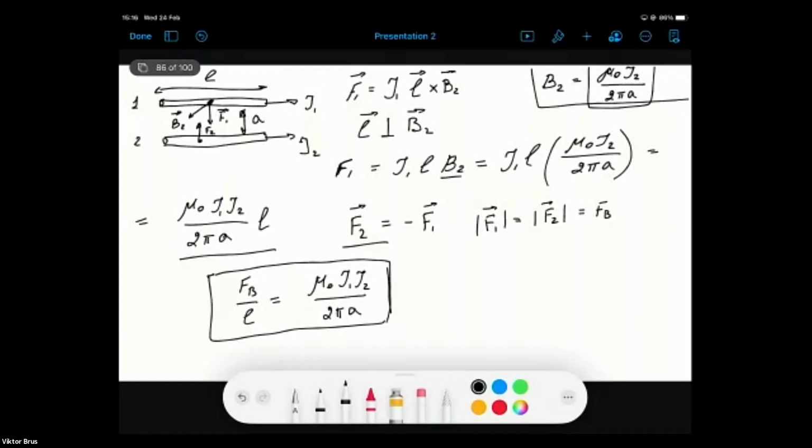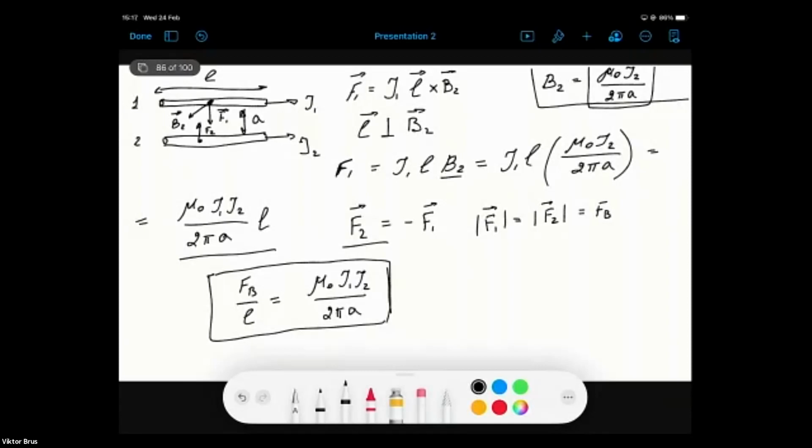If the direction is opposite, so if electric currents flow in different directions, then these electric wires will repel each other. So this should be remembered.